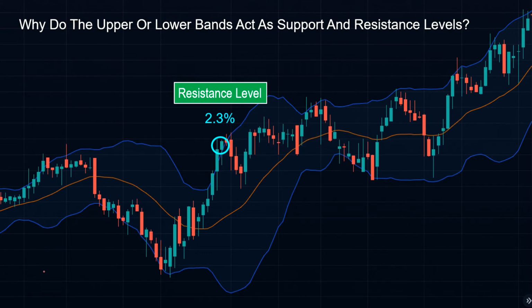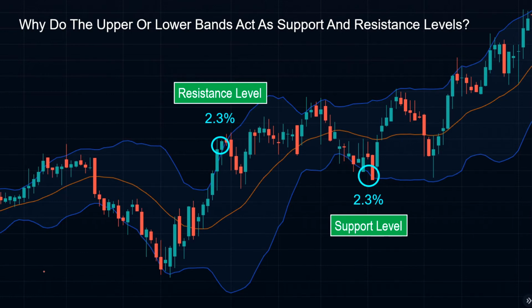There is also only a 2.3% probability that price reaches or falls below the lower band. When the price moves near the lower band, it will naturally act as support and the possibility of a short-term rebound will be high. At this time, we should choose to buy. That's why the Bollinger Band acts as support or resistance.